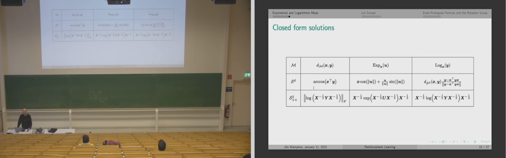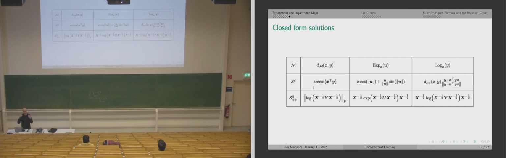in the general case, if you have a general manifold, we do not necessarily have a closed form solution for the exponential and logarithmic maps. And sometimes we approximate these maps. But the key idea of understanding the notion of the tangent space is that if you design perception, learning, and control algorithms, you need to be careful not to, for instance, add vectors from a manifold and then land outside of the manifold.